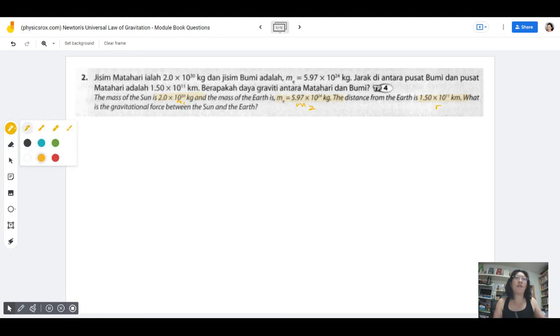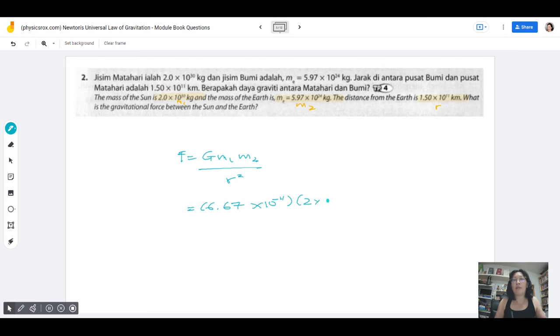So using the formula of F equals G M1 M2 over R squared, we know that G is 6.67 times 10 to the power negative 11, mass of the sun as object 1, and mass of the earth as object 2. And we've got R as 1.5 times 10 to the power of 11. Don't forget to square it.